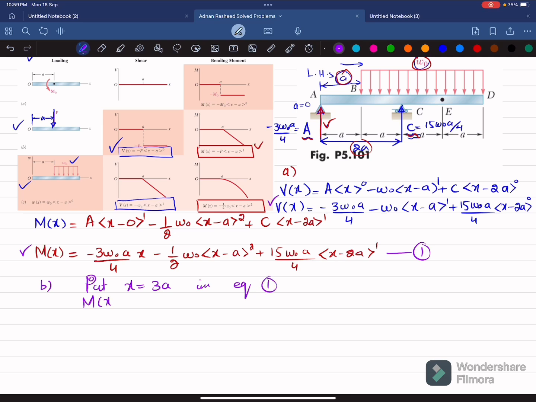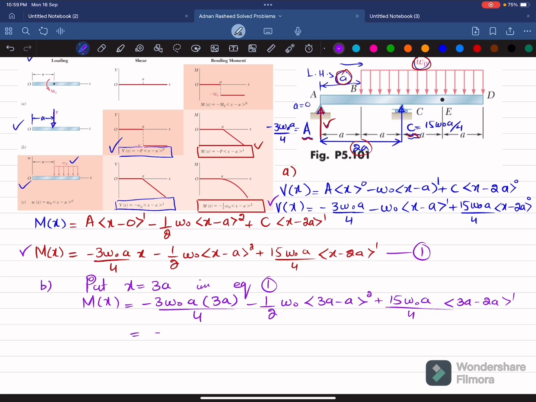So you will get moment is equal to minus 3 W naught A into 3A divided by 4, minus 1 over 2 W naught, X will be replaced with 3A, so 3A minus A power 2, plus 15 W naught A over 4 into 3A minus 2A power 1.